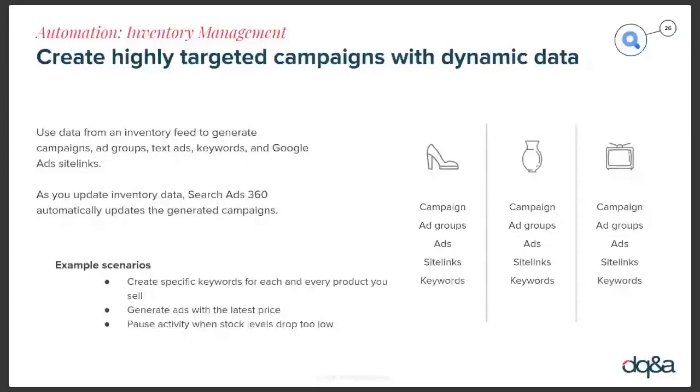And regarding the rules you are setting, let's say headline 1 always contains the product, headline 2 contains your brand, the description line is getting the current discounts and whatnot, and also landing pages, all getting from one feed is going to be created automatically.